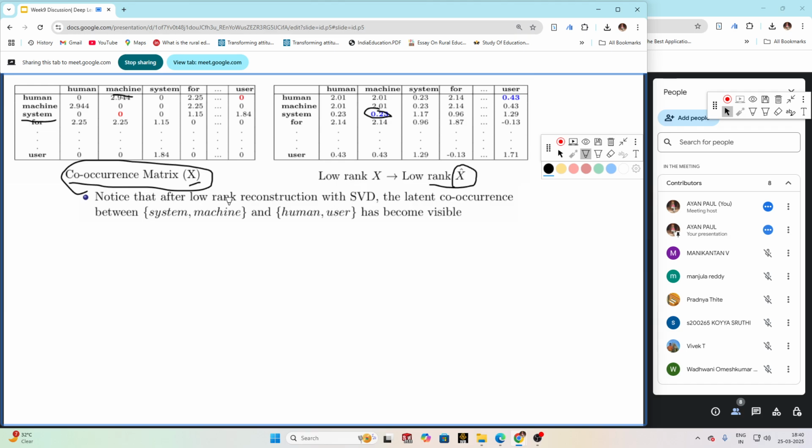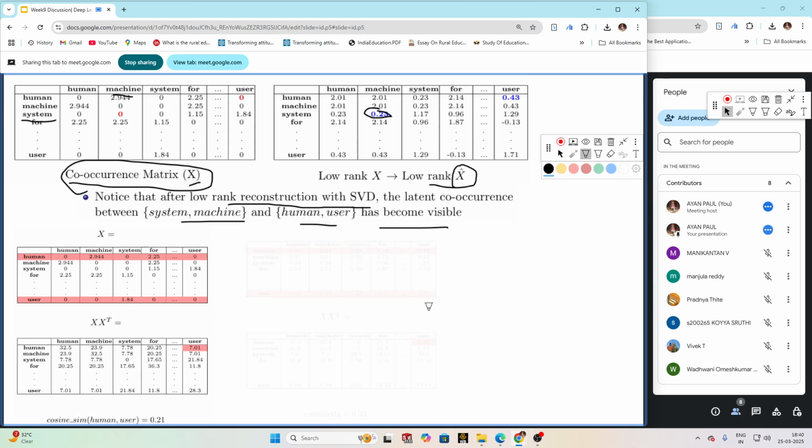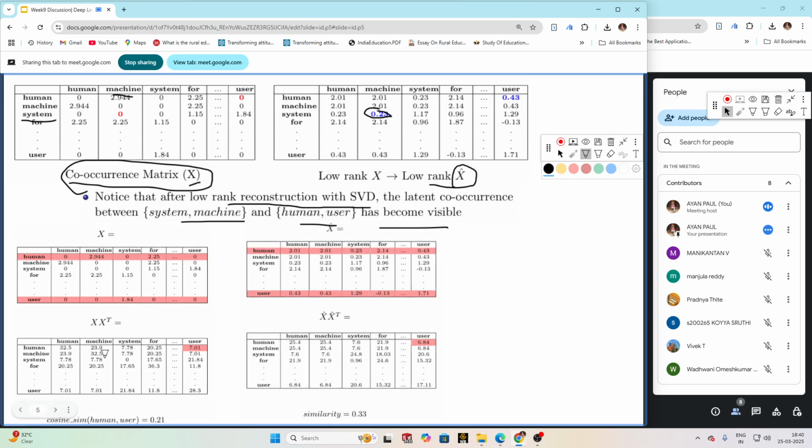So notice that after low rank reconstruction with SVD, the latent co-occurrence between system and machine, and human and user, has become visible. Earlier it was 0, but now it has become visible. So this is another advantage of applying SVD. And you can see the advantage with the help of the cosine similarity that I discussed in the first slide.